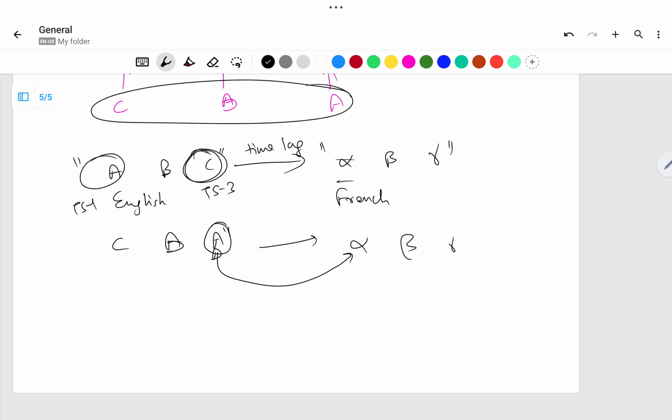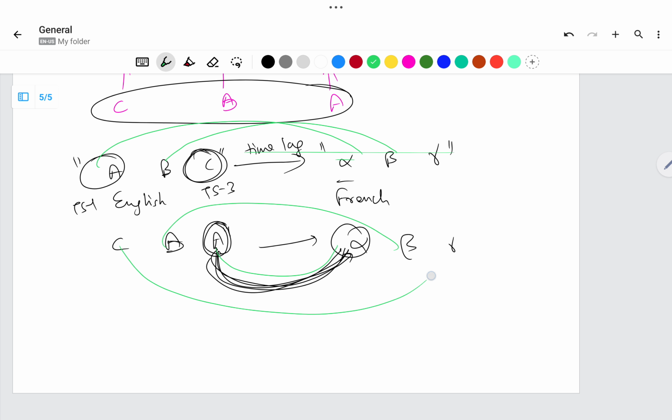Now the gap between the time step in which A was given as input and in which alpha is produced is very small. If you take the average distance between all words, it will be the same. Only the distance between A and alpha is reduced significantly.